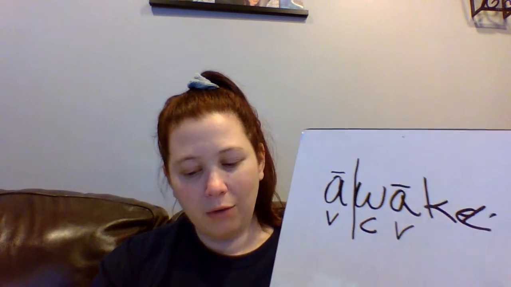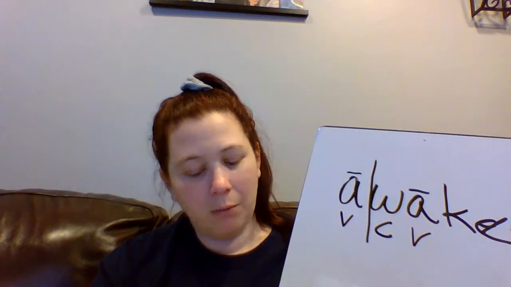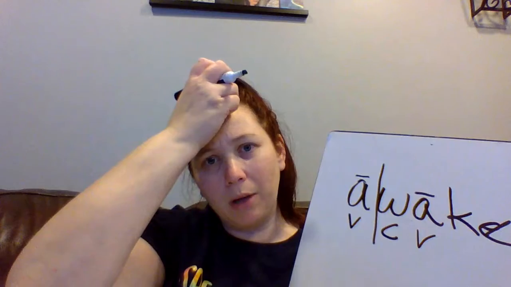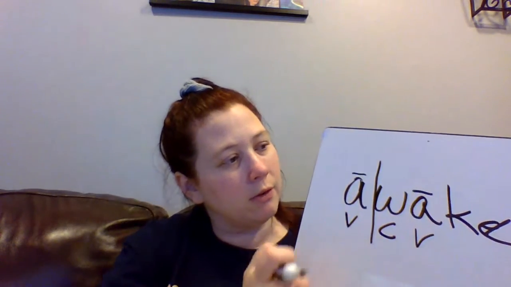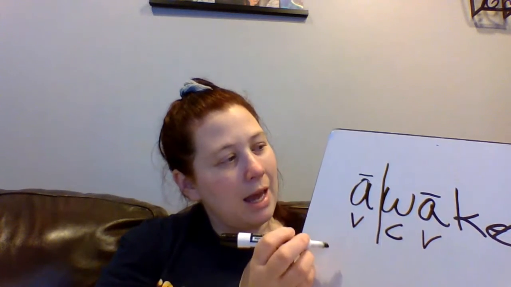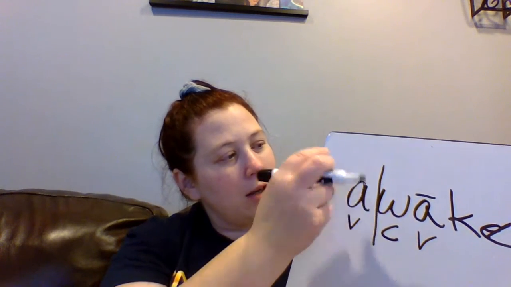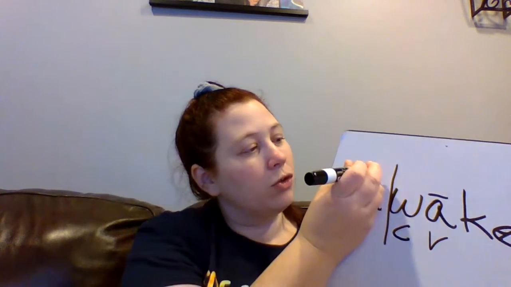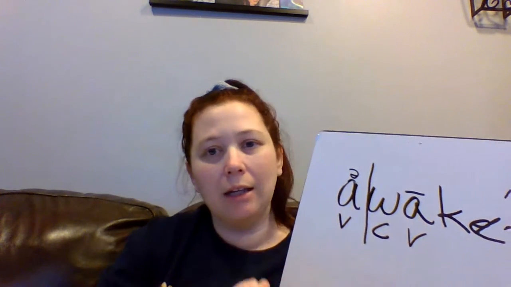So the schwa sound is what we use when our syllable isn't accented. So our accent would be down here instead of here. Most of the time we accent our first syllable, but sometimes it is the second syllable that's accented. So when this happens, our A, instead of getting this macron, gets our schwa symbol, which looks like an upside down E, like that.